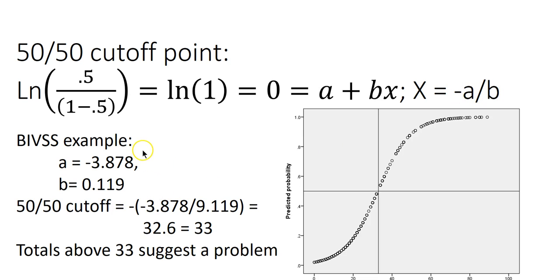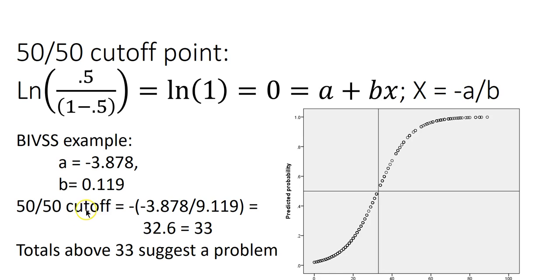In the example, and I'll do this in a minute, the regression equation comes out with the intercept equal to minus 3.878, and the slope is 0.119.